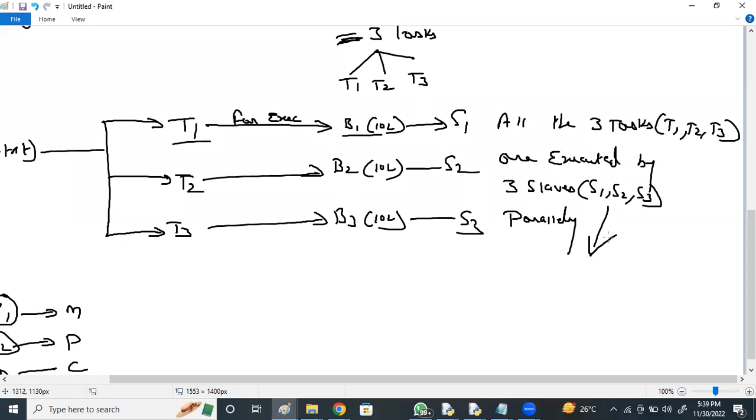So no tasks are in the waiting state, right? No tasks are in the waiting state. So full parallel processing, full parallelism is there, so we see high speed here, right?